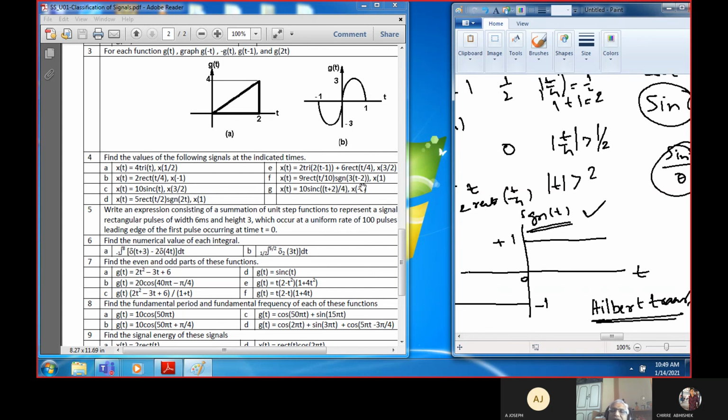These involve time shifting, inversion, and time scaling. You know all these different operations based on the earlier exercises like 3 and 2 and 1. You should be able to attempt these problems.